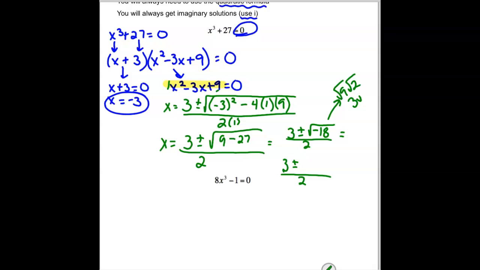So we get a 3 root 2. And because of the negative, we're going to get an i. So 3i root 2. So we are getting 3 answers. Our first one was x equals negative 3. And our last two are x equals 3 plus minus 3i root 2, all divided by 2.